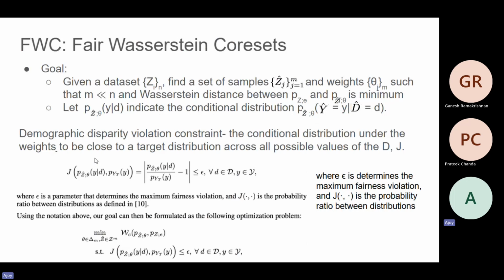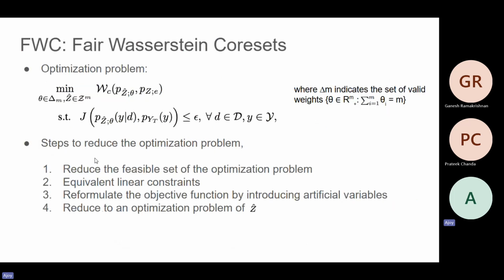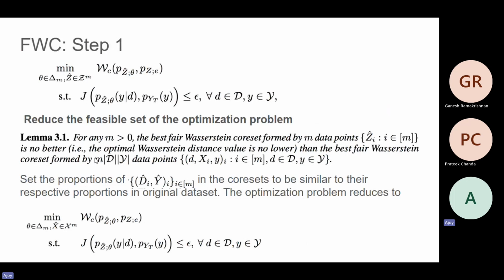And this is further reduced using 4 steps. So firstly, using this lemma, for any pair of m data points z, the best Wasserstein coreset using this is less than the best pair Wasserstein considering all possible data points, which is all possible values for the d and y variables.